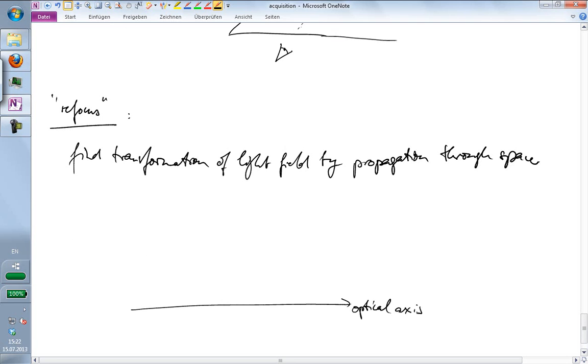We have the optical axis of the system here in this 1D sketch. We have some position and some slope.